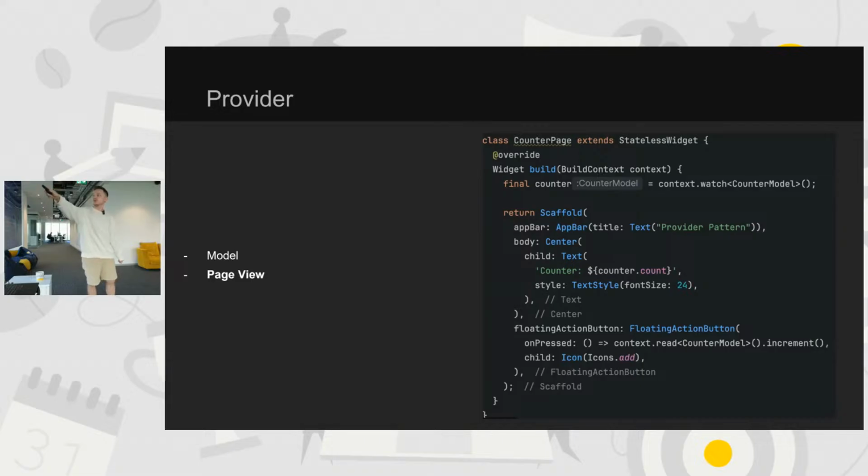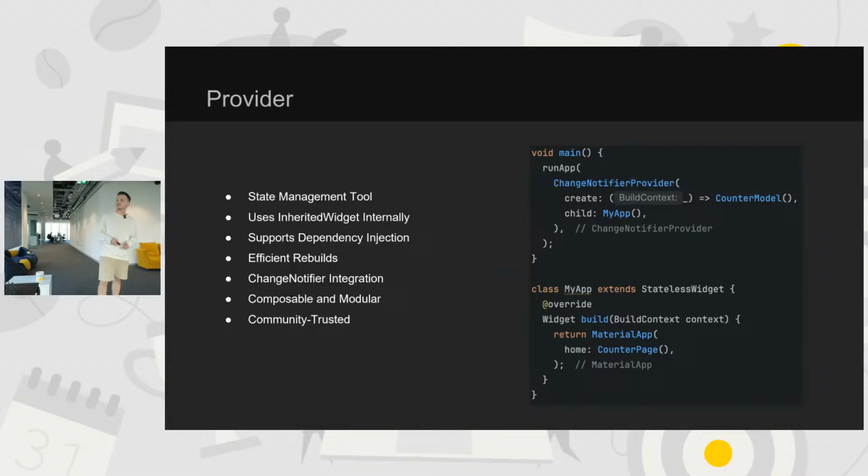This counter will be an instance of the counter model, and when I call this increment method, this structure will be redrawn again. And here is how it could be registered in the main model. We call just the counter page, and it is highly important to mention that we call this ChangeNotifierProvider.